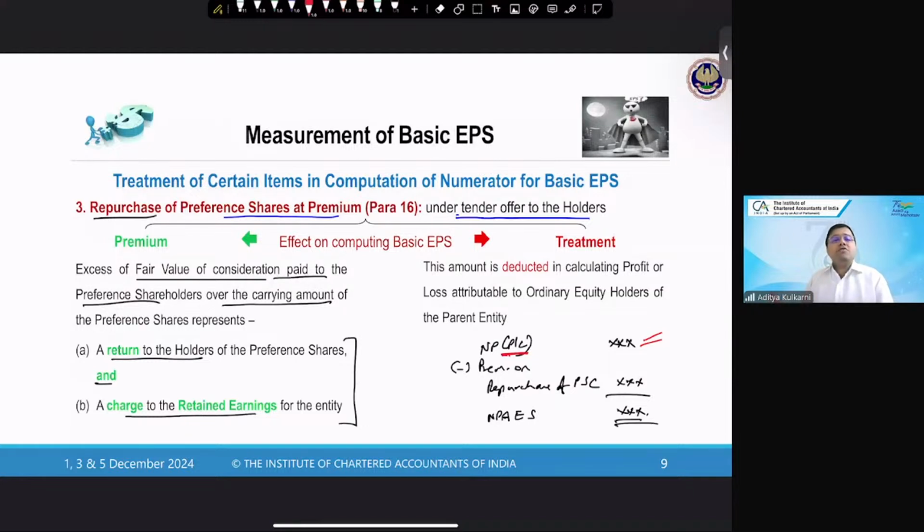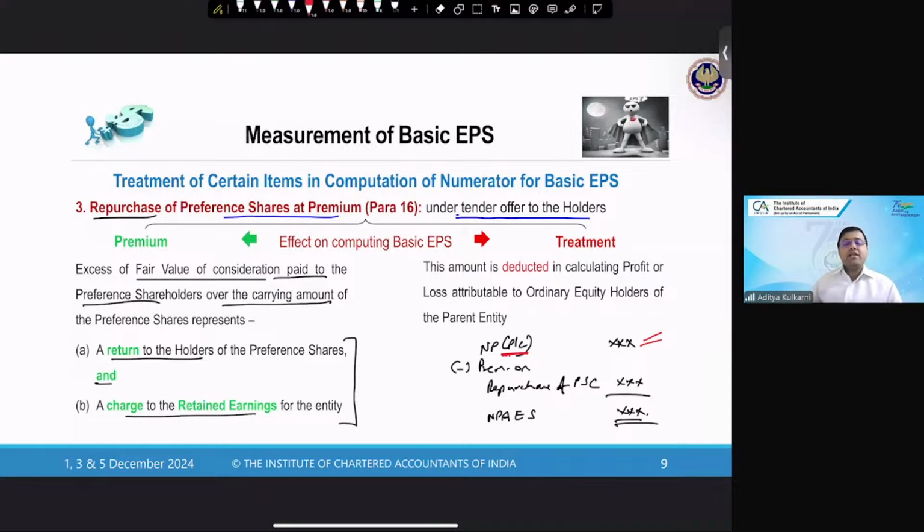What is the source of that excess? That source is nothing but the earnings that the last fellow should get, the equity shareholder, most subordinate to all other categories of equity holders. And therefore, you are deducting it from their share.